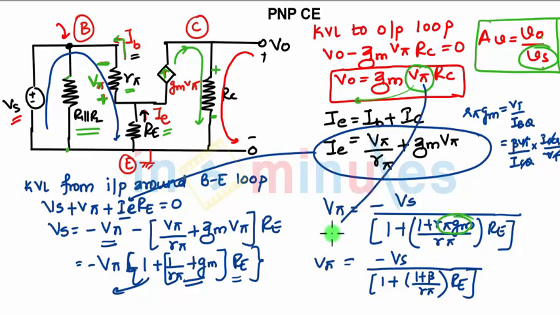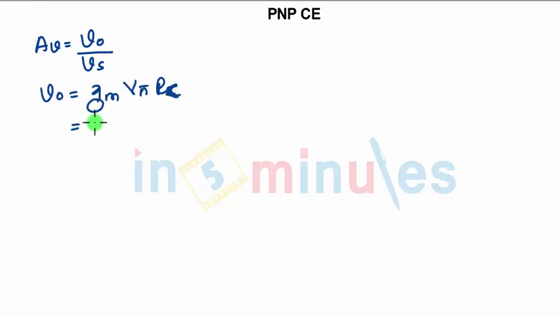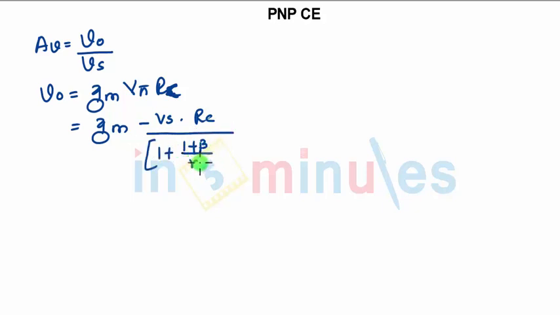If I replace this V pi over here, I will get Vo upon Vs. So Av is Vo upon Vs. For Vo, we have got the equation gm V pi into RC. So instead of V pi, I am writing minus Vs into RC upon 1 plus beta upon R pi into RE.